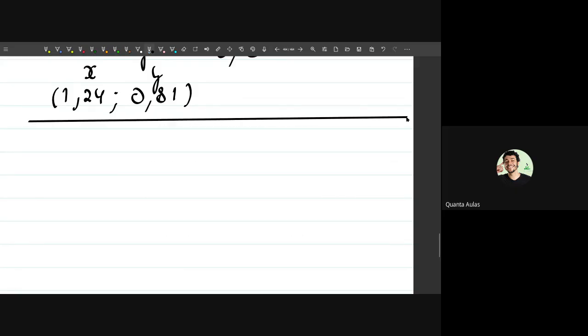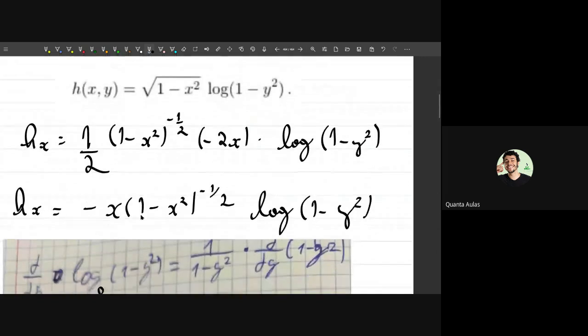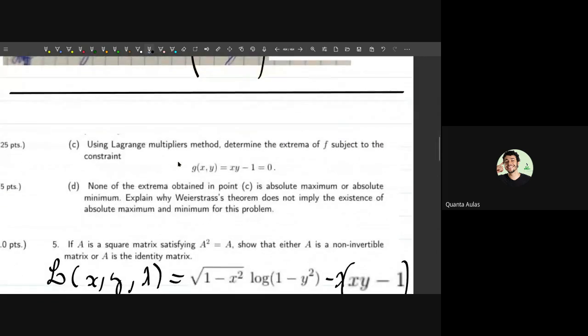For example, in Calculus 1, we have a method using the second derivative. But now we are doing the Lagrangian multiplier thing, right? In Lagrangian multiplier, we cannot use the Hessian matrix. Sometimes in Calculus 2, we use the Hessian matrix.